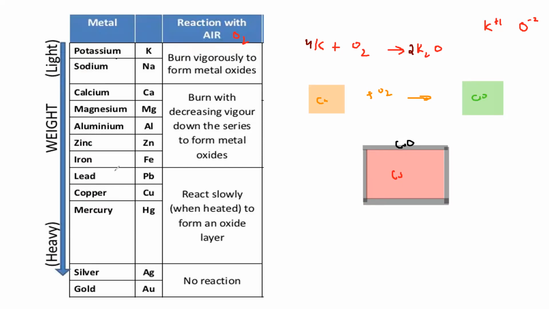But in case of lead, copper, mercury, only at the surface the oxide is formed, like surface reacted with oxygen, forms oxide, and then the reaction stops. And silver and gold are not reacting with air. Is it clear? The first part, the reaction of these metals with air. Any doubt till this point?